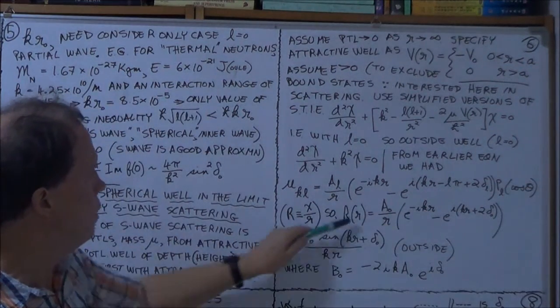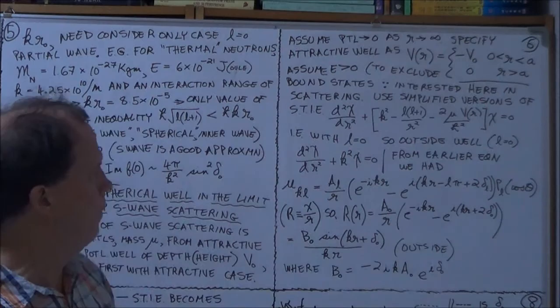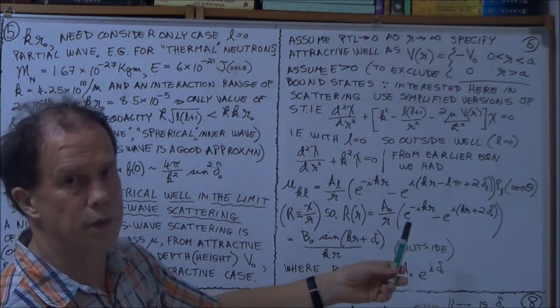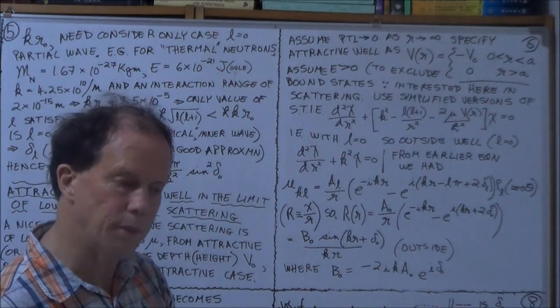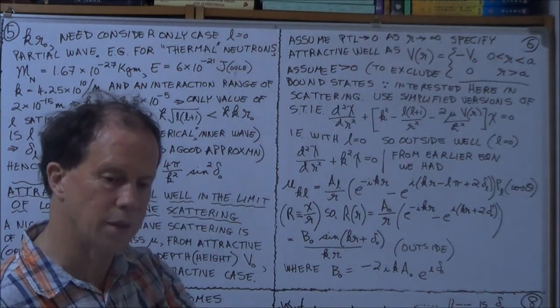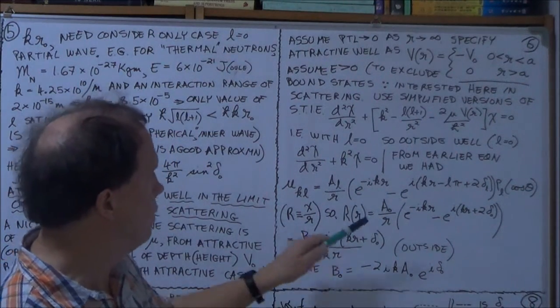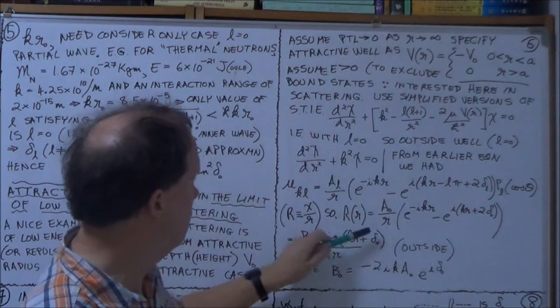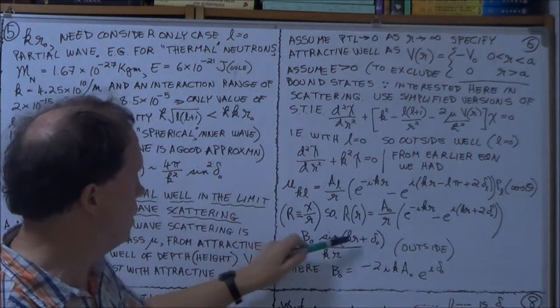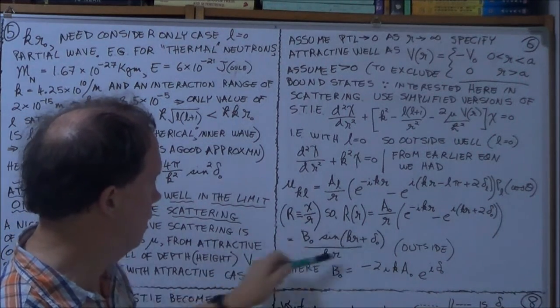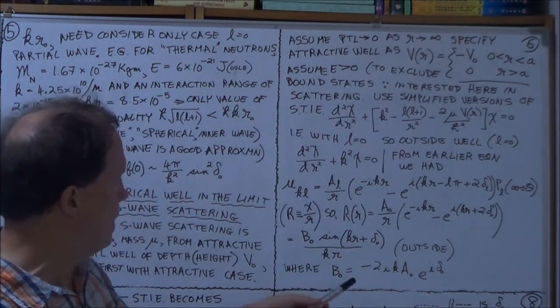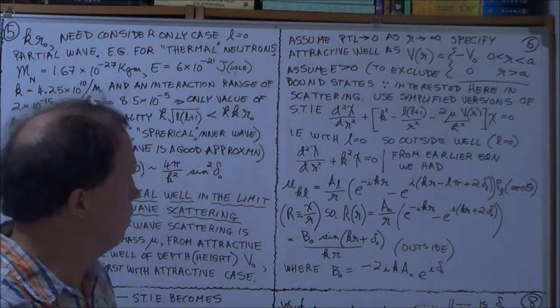Now you can rewrite this, because sine of x is just the sum of two complex exponentials, e to the i x, whatever. So you can rewrite this in the following form. It just becomes this. I could put that as homework.